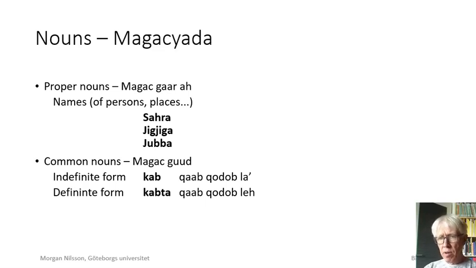And names are nouns, even though they do not usually take any endings. It is absolutely possible to add endings to names, but it's not very common. For example, Jubba.